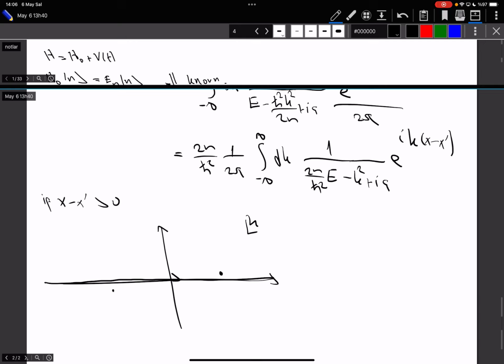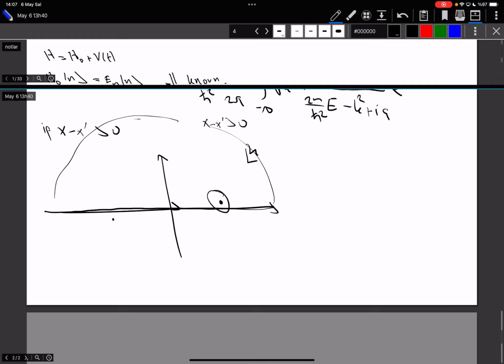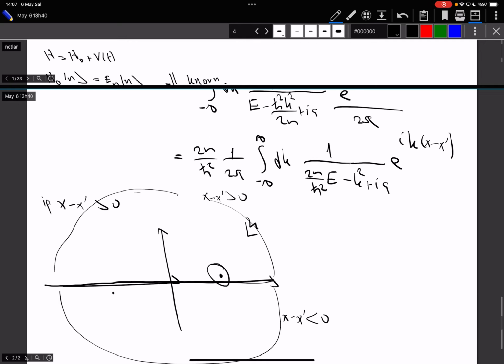Now, if x minus x prime is positive, I have to close my contour from above. So this pole is inside my contour. If x minus x prime is negative, I have to close the contour from below, so that there is no contribution from that arc. And now it's a loop integral. I can use the Cauchy integral formula.